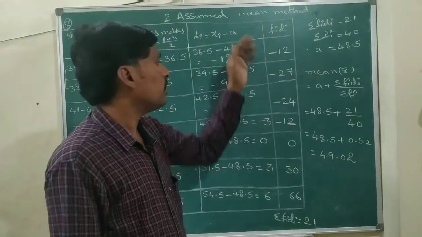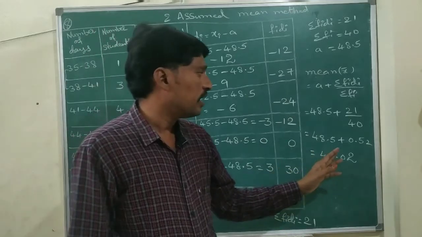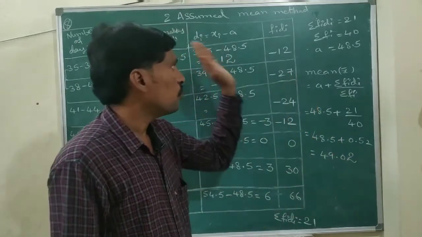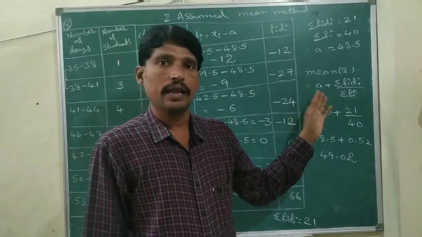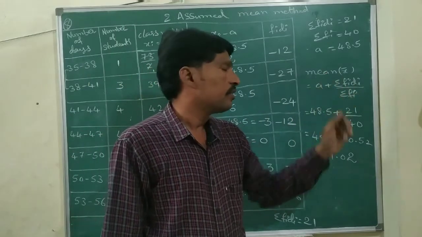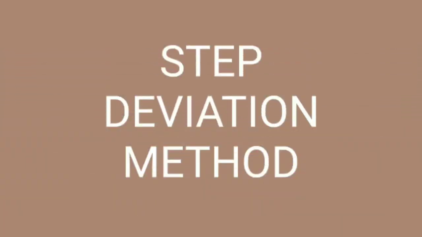In the assumed mean method, we got the answer 49.02. So in the assumed mean method we used the formula A plus sigma Fi di by sigma Fi.